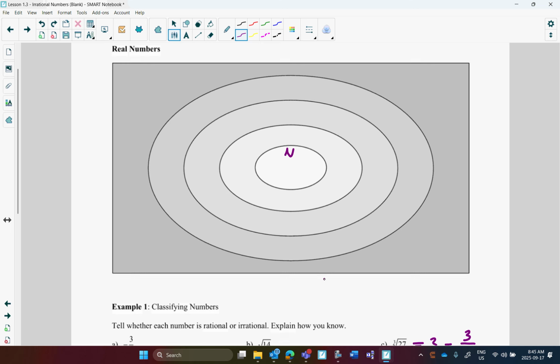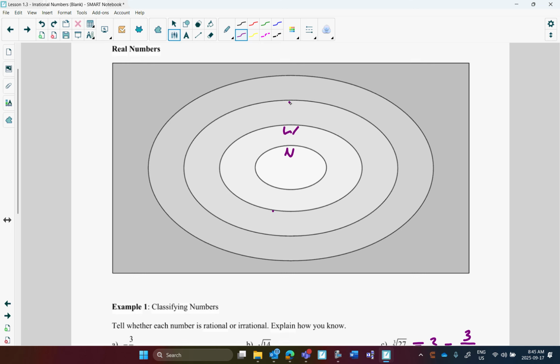So 1, 2, 3, 4, etc. Remember I said all the natural or counting numbers are all whole numbers, but also 0. So that's why we put W here. Because the whole numbers are all the natural numbers and 0.